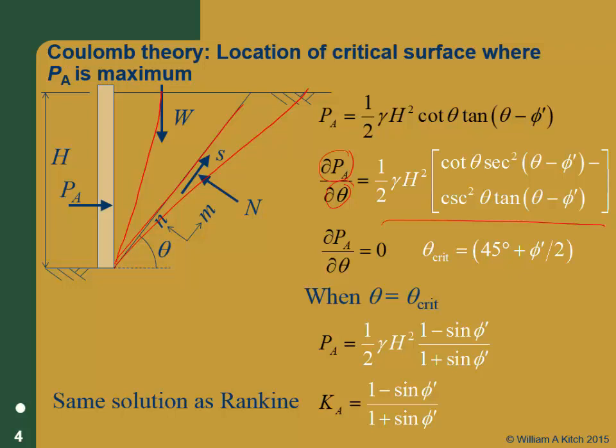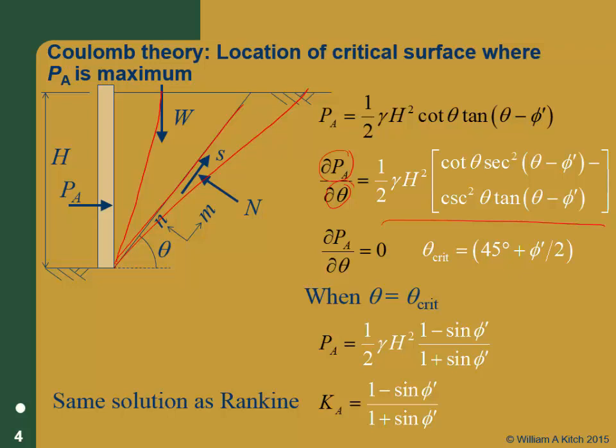But this is the simplified version, because what do we do here? We assumed we have a horizontal ground surface, and we assumed that PA was horizontal too, right? Now, I've made some assumptions here that I don't have to have. I assumed the angle of PA, but I could assume another angle for PA.